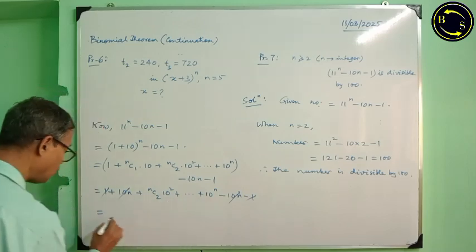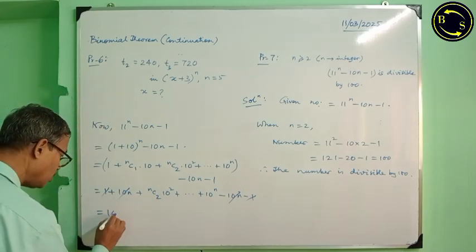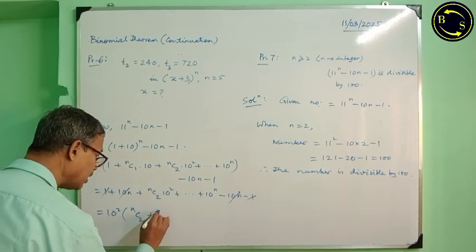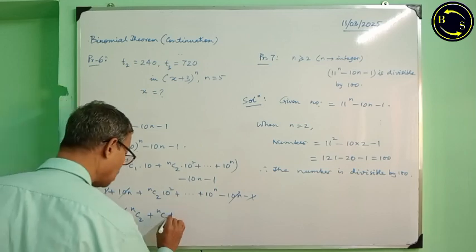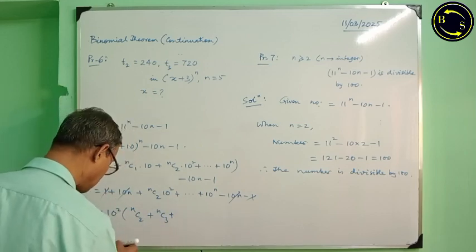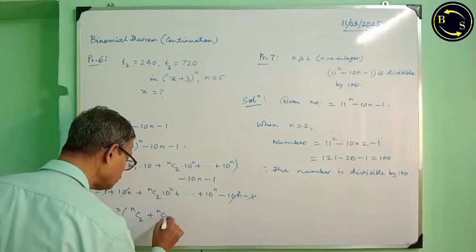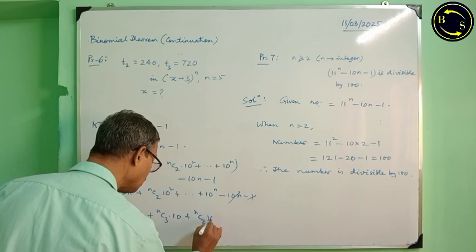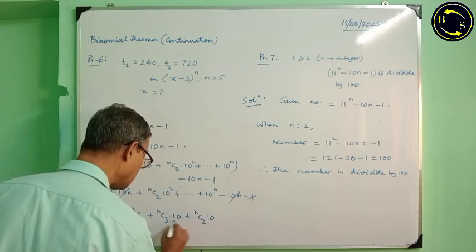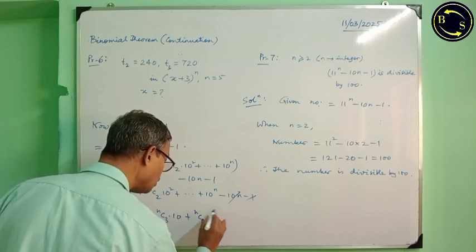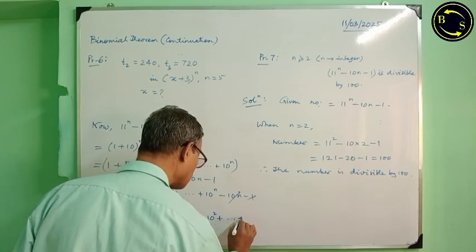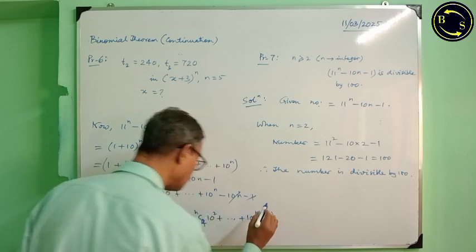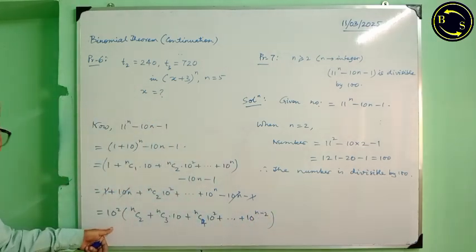I can take 10 square common factor: 10 square into nC2 plus nC3 into 10 plus nC4 10 square like this, plus up to last term 10 to the power n minus 2, as I have taken 10 square common factor.